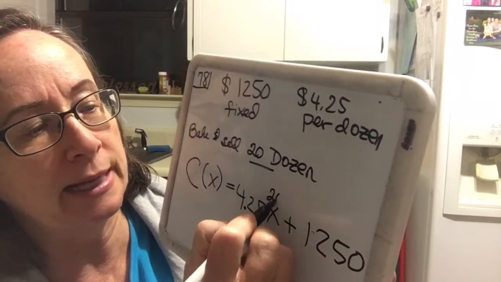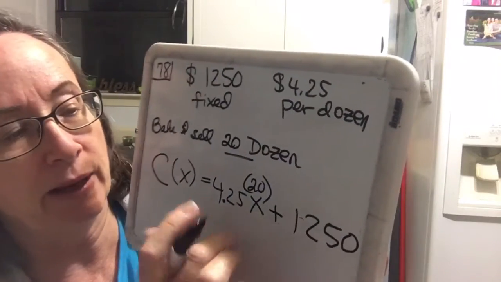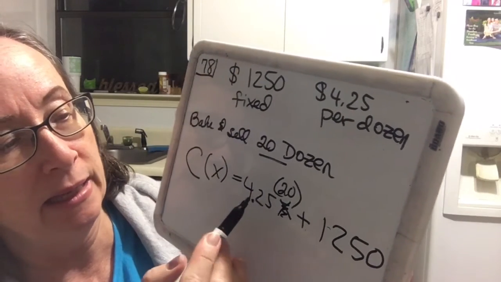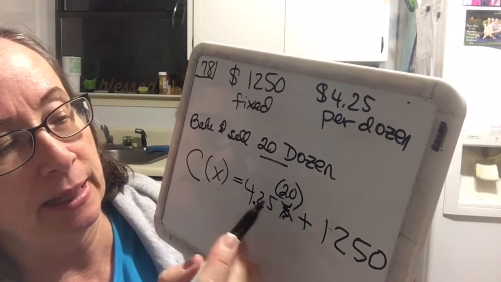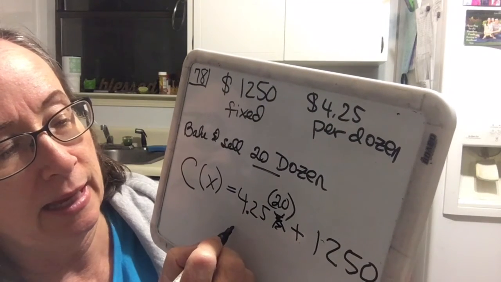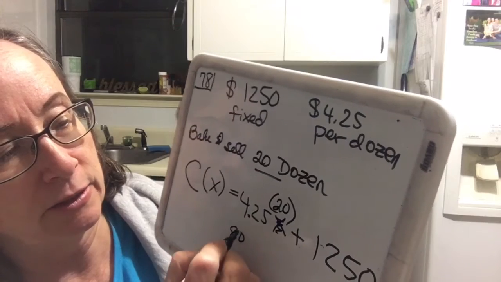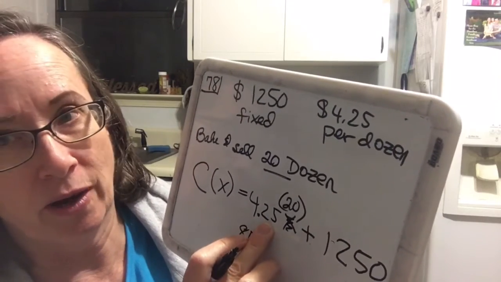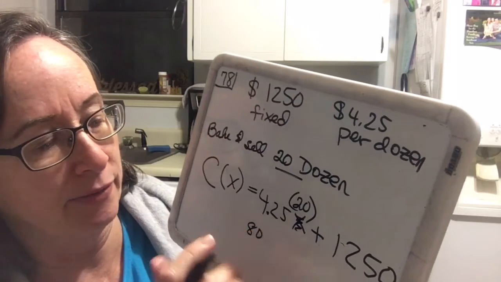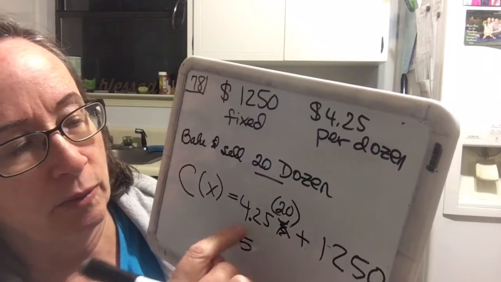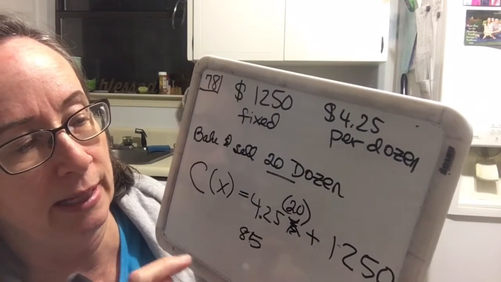So we're going to replace the x right there with the 20, and when we multiply, 20 times 4 is 80, but 20 times a fourth is going to be 5. So that's going to be $85 when I multiply that by 20.